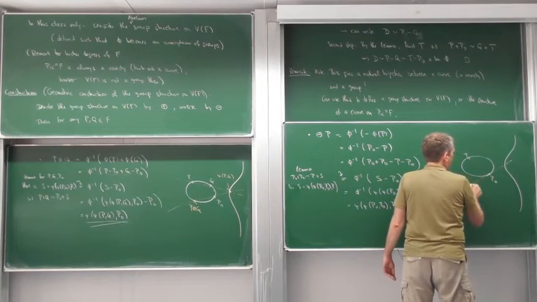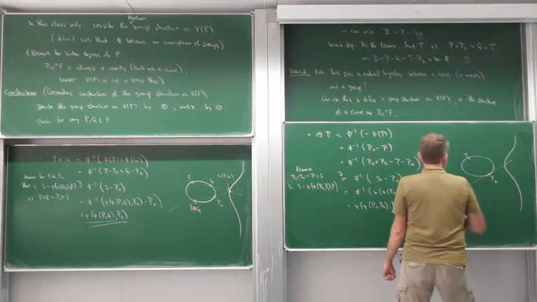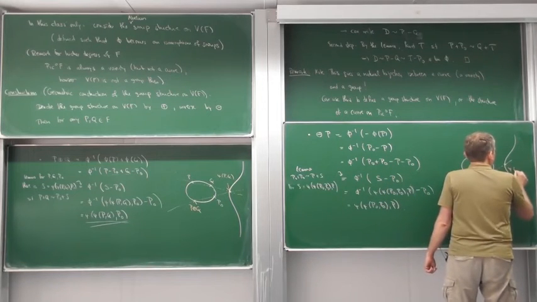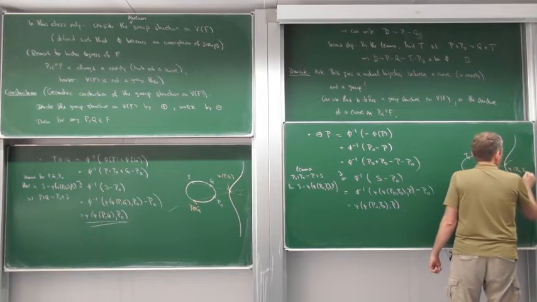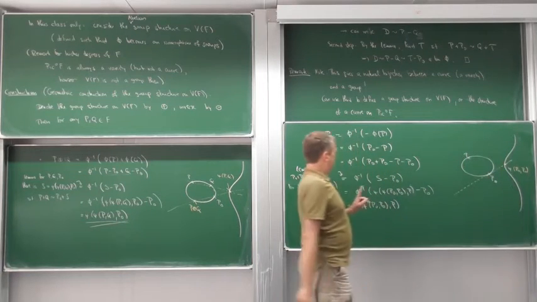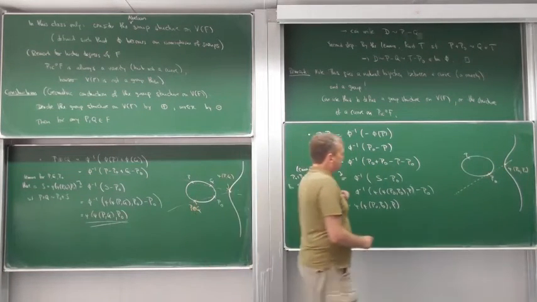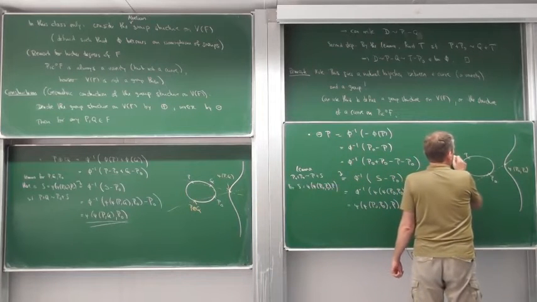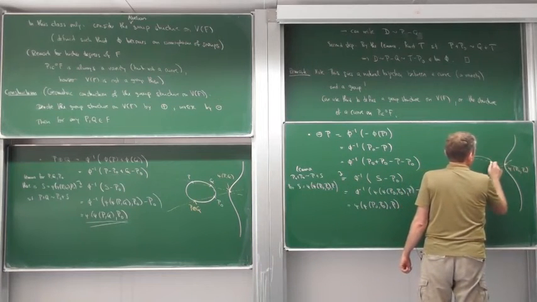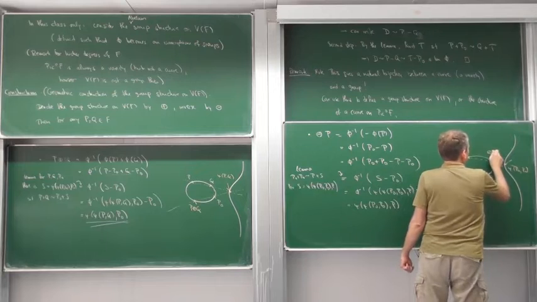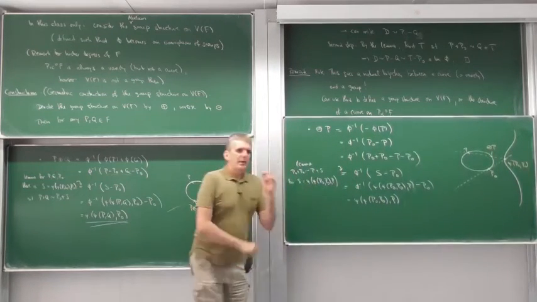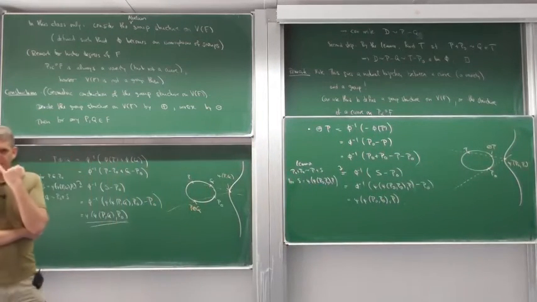That's this one here. And then we got phi of P0, P0. And then we take the line to that point and P. And the point that we get as the third point of intersection would be minus P. So that's the geometric way to construct the inverse in the group structure.